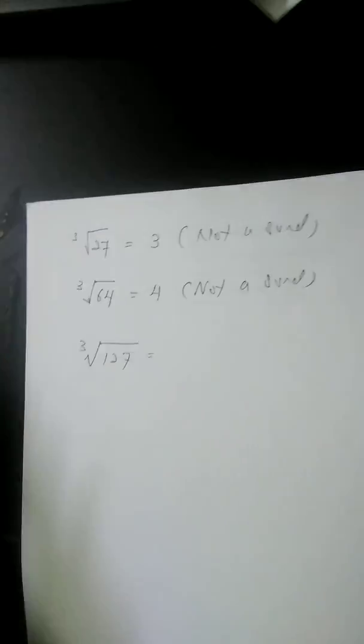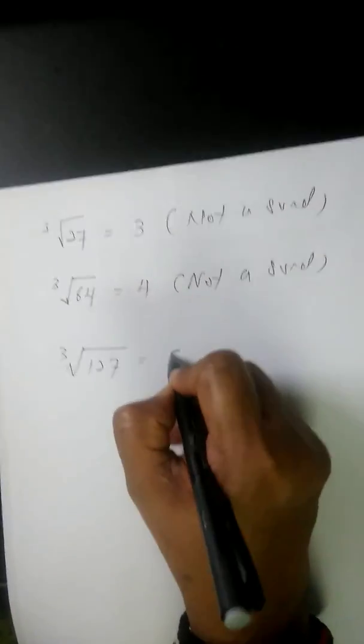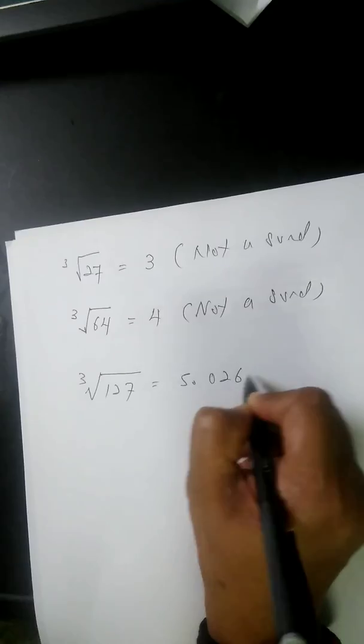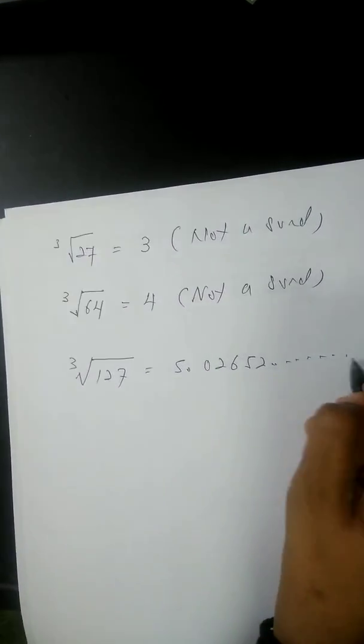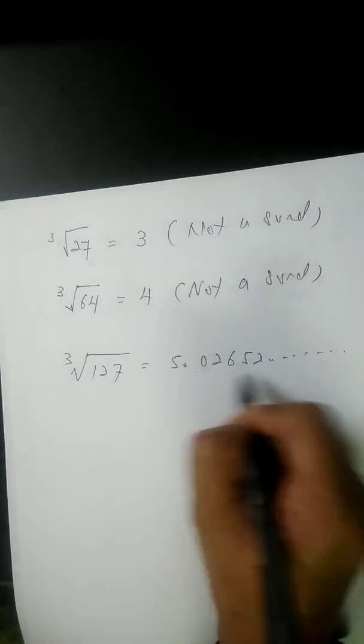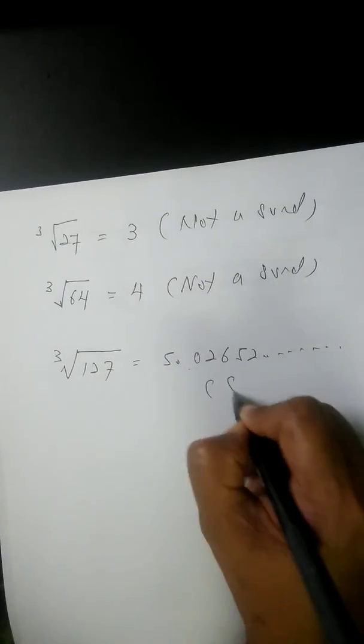When you check it in the calculator, you'll get 5.02652 and so on. It's continuous and non-recurring, so therefore this is a surd.